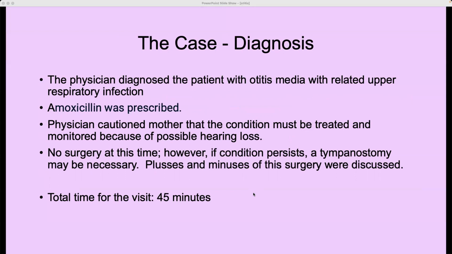No surgery was predicted at this time. However, if the condition persists, a tympanostomy may be necessary. It's tubes in the ears. Now, the physician talked with the mother about the pluses and minuses of the tympanostomy, and a decision will be made later. Total time for the visit, 45 minutes.